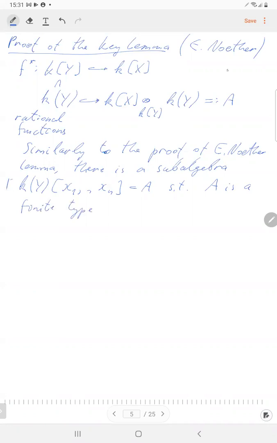Maybe let's call it B. B module. Okay, and since it's a finite type B module, then any element of A satisfies some equation with the leading coefficient 1.